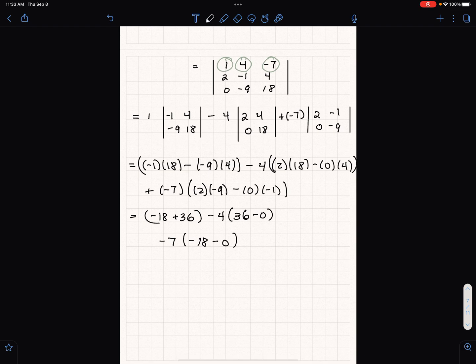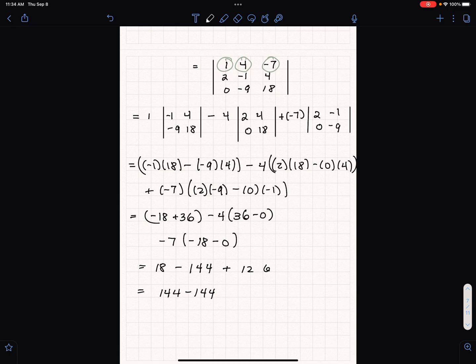Minus 0. So this gives 18 minus 4 times 36, which is 144, plus 7 times 18, and that's going to give 126, and we'll see that 18 plus 126 is in fact 144.